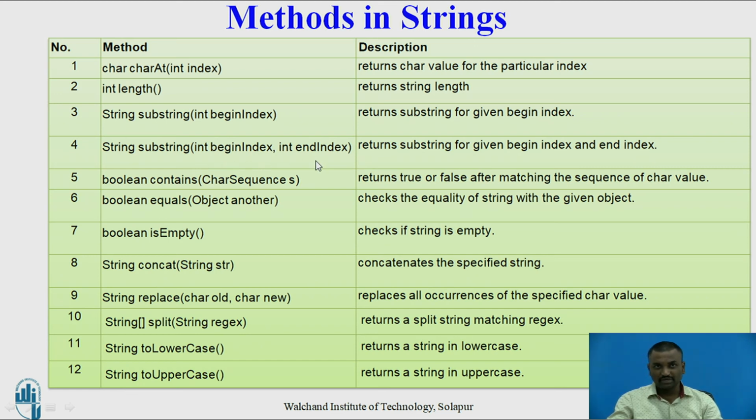Here you specify a substring in between, the start location as well as the end location. In the previous case you only specify the start location, and it takes the complete string till the end. Here we specify the end index as well.